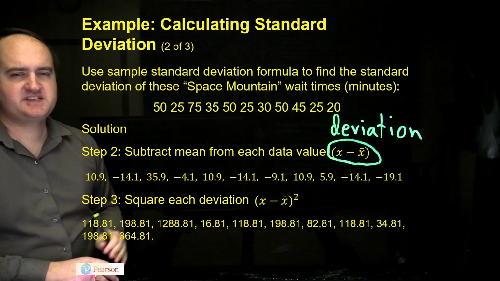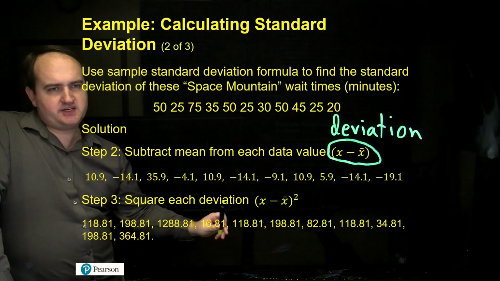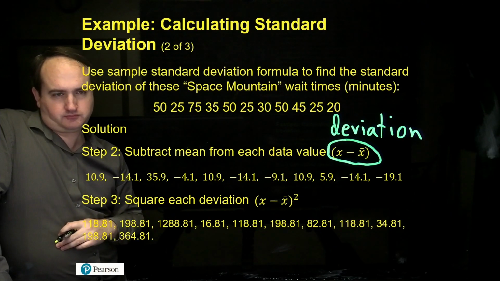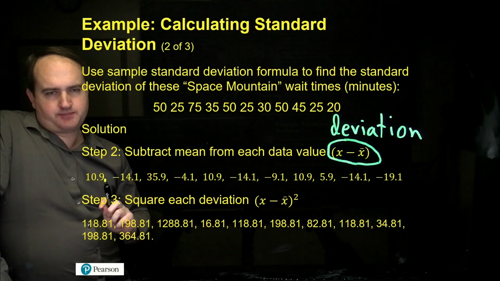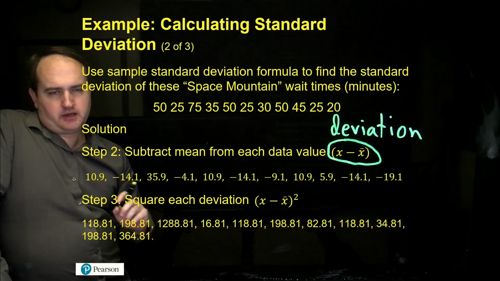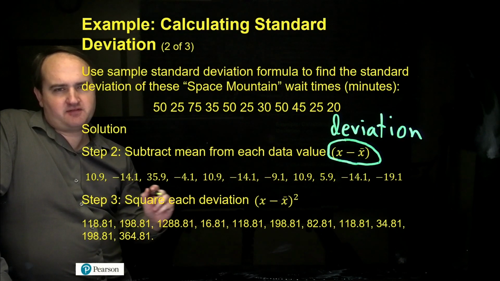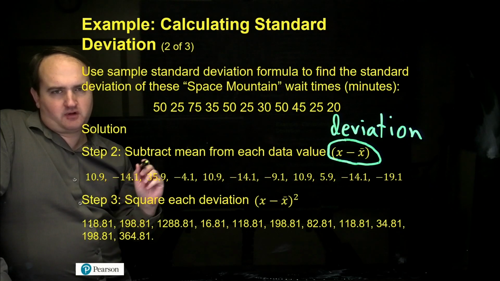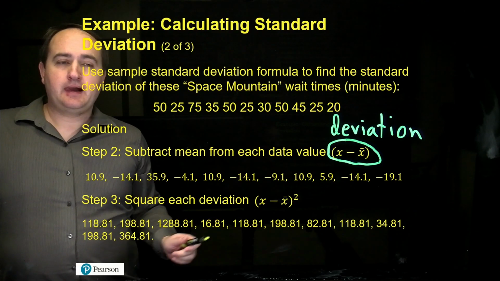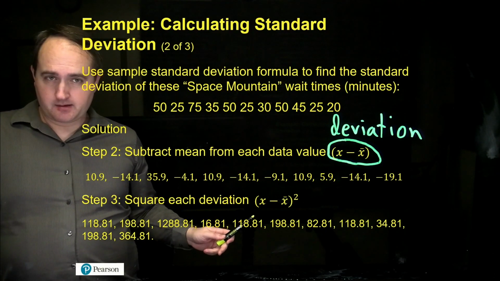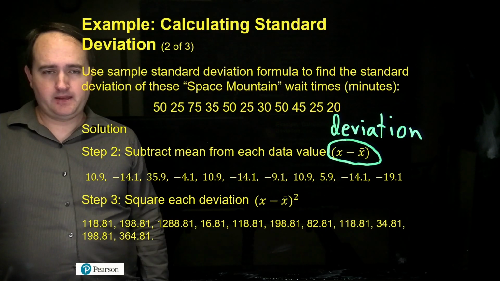Okay, so step 3 is to square each deviation. So that's not too incredibly difficult because we've already done step 2. We've already subtracted the mean from each data value. So these are all of the deviations, and then we square each one. However, you should do this on a calculator for sure.